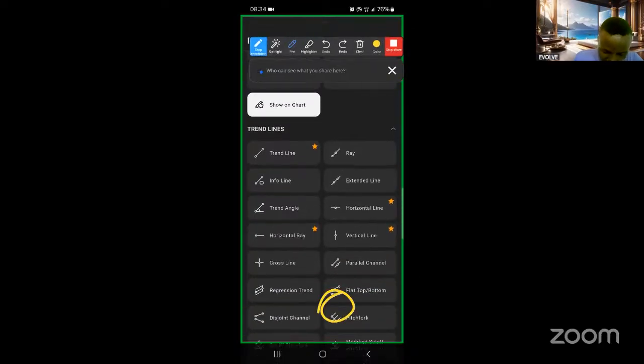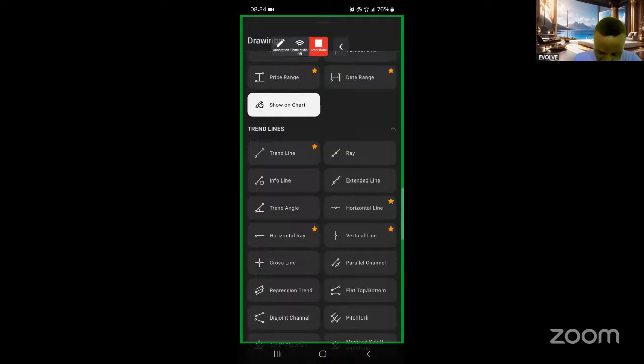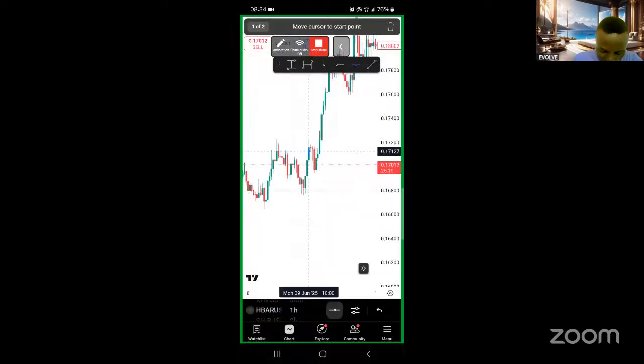It is found in the category of trend lines. It is here, horizontal line. Then this casting is going to show up. When I tap in these dotted lines, it is very flexible. I move it anywhere I want.